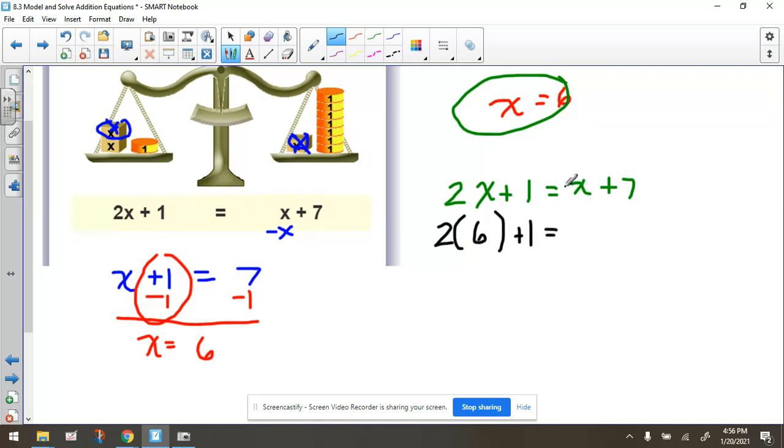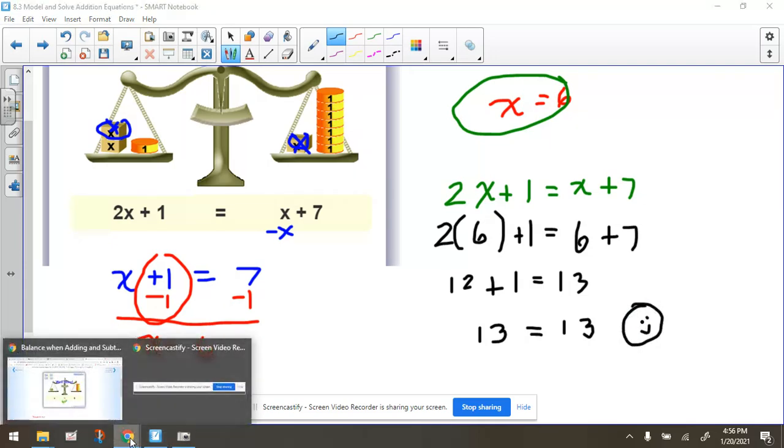Again, 6 is what we got for the x. And let's see if the two sides are equal to confirm our answer. This times this would be 12 plus 1. And we get 13 on that side. And if we add these two things together, we get 13. So the two sides are equal. That confirms that our solution is correct. So we would call this a check.